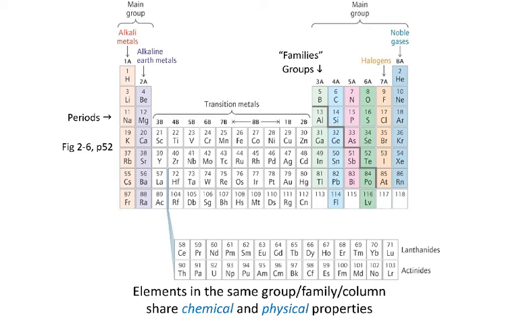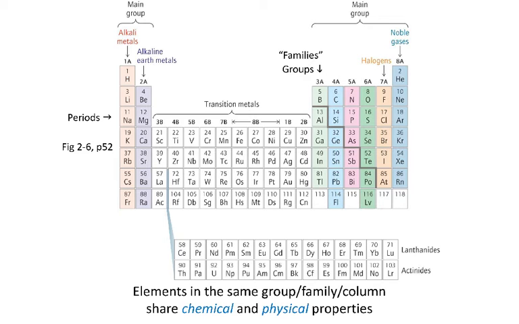So in navigating the table, we're going to be looking at the significance of the rows and the columns, and how we can use them to obtain additional information about an element than simply what's given in the little box for each element. This table has a lot of extra information on it.